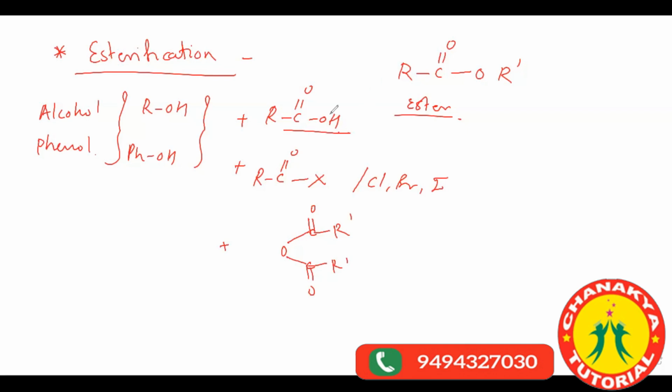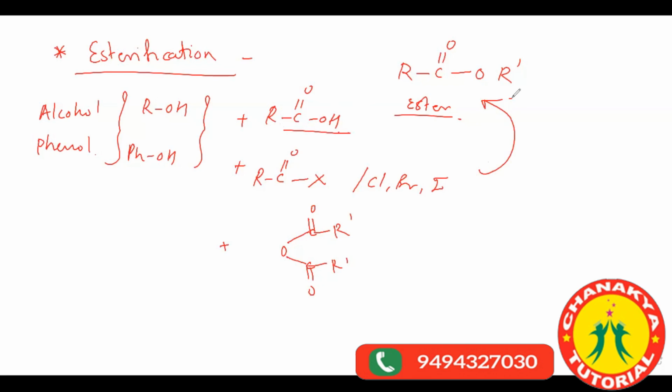So whenever these three functional groups react with the alcohol and phenol, you will get this ester. Purposely, I gave you the functional groups and the basic general structures of these functional groups, so you should be aware of what exactly it is. Fine. So now we are going to see the reactions.